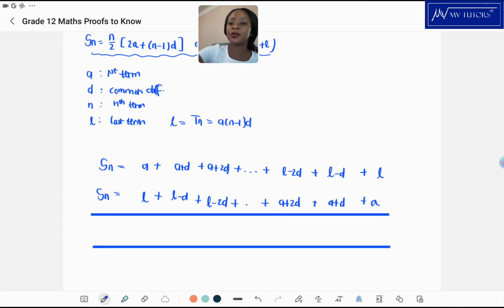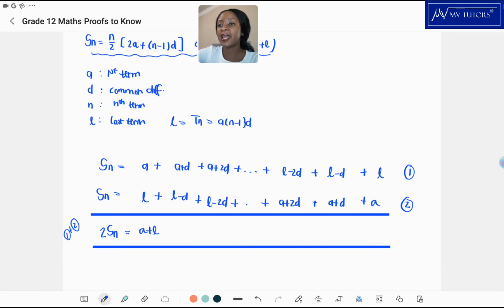If I make this my first equation and that my second equation, I'm going to get the sum of 1 plus 2. So that would be 2 s n. If I add the corresponding terms, I have a plus l here.